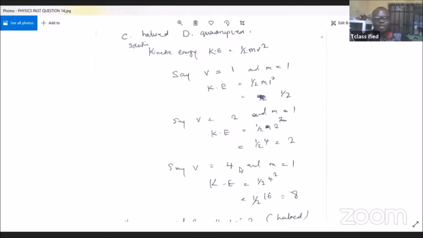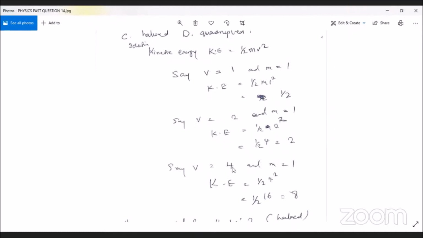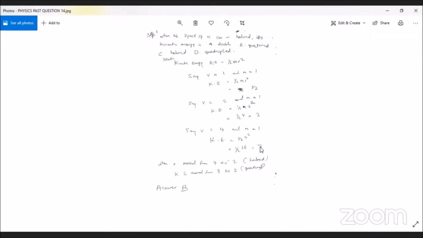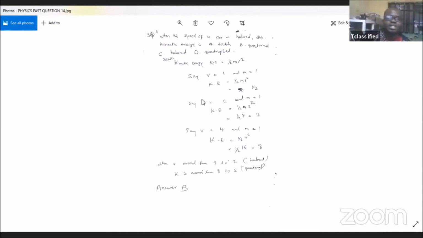So you see, as we go from 4 to 2, the KE went from 8 to 2. So what's the relationship between 8 and 2?